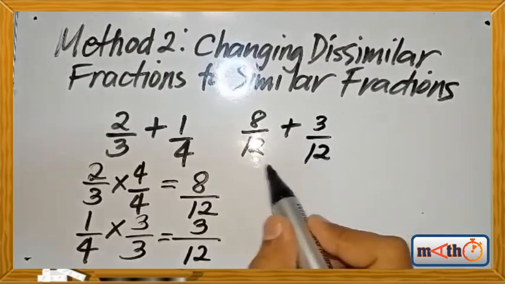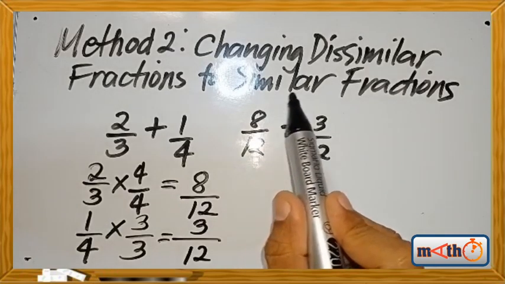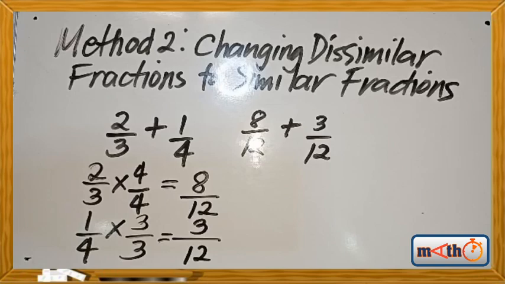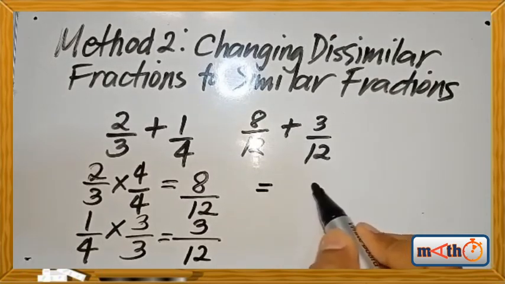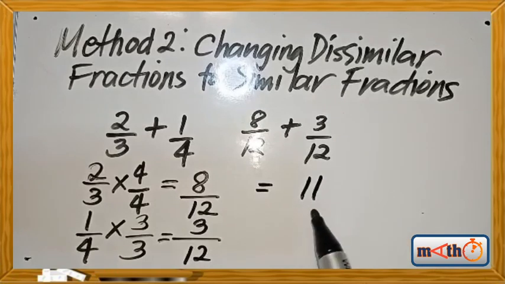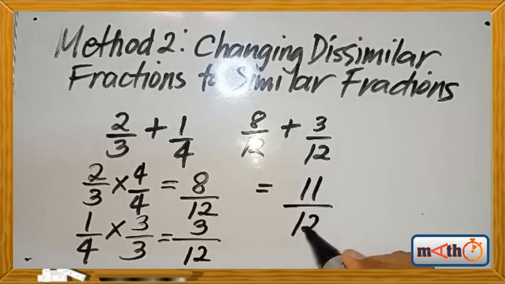As you can see, we now have the same denominators. Now, in this case, we can now add their numerators. So 8 plus 3, that is equal to 11. And then copy the common denominator, which is 12.